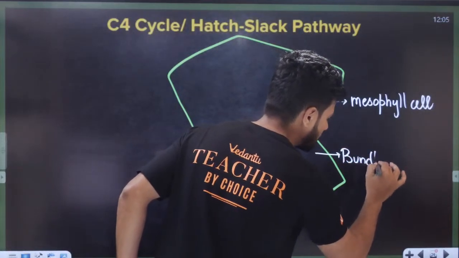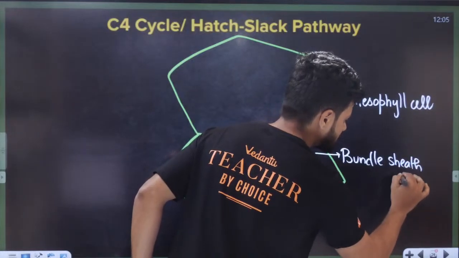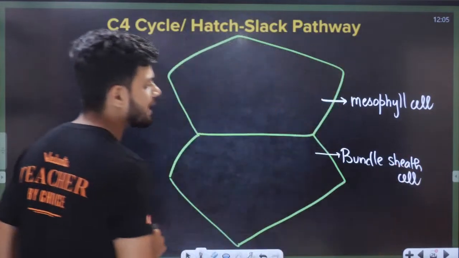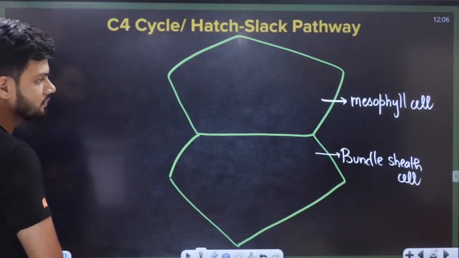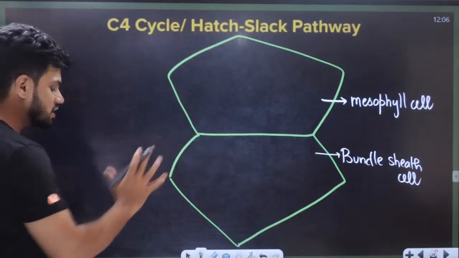Two different types of cells are involved here: mesophyll on the top, bundle sheath on the bottom.